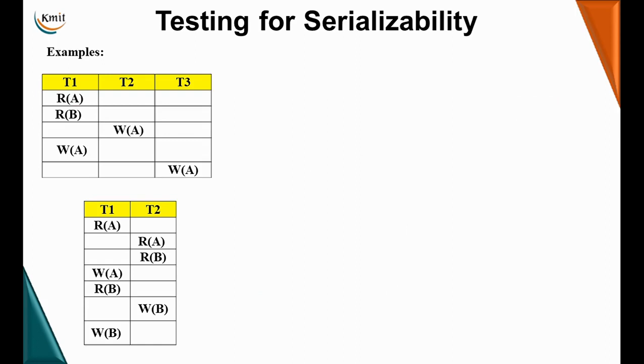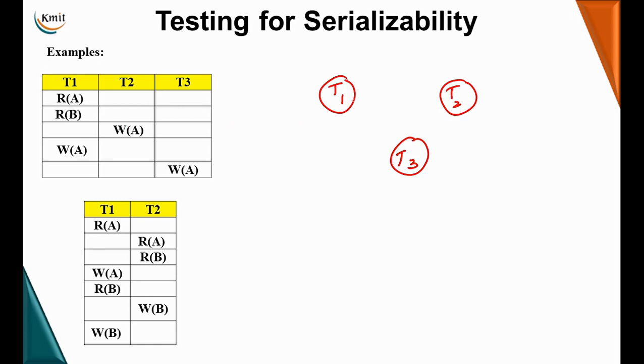Okay, let us quickly try to see the serializability test here on another two examples. For the first example, I have got T1, T2 and T3. Read A, read and write here.